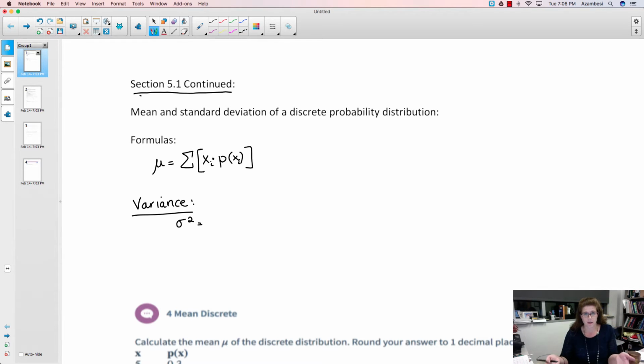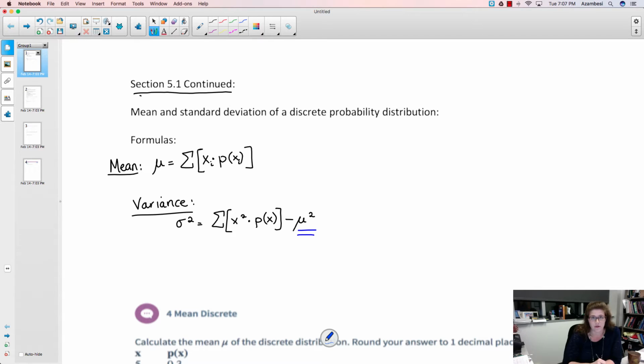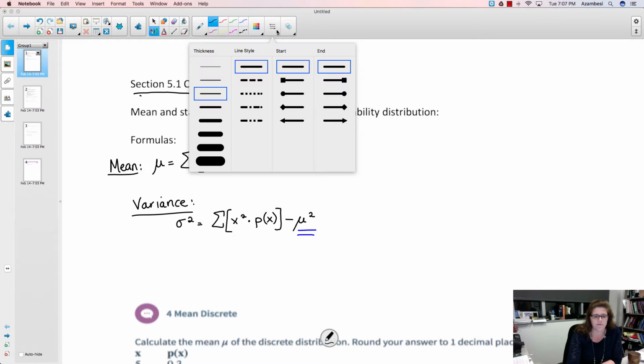This is all outcomes in an experiment, so we have population values here, and it's equal to the sum of x squared times p of x minus mu squared. So generally speaking, you're asked to calculate the mean before you calculate a variance or a standard deviation, and we use the calculation for the mean in the calculation for the variance and standard deviation.